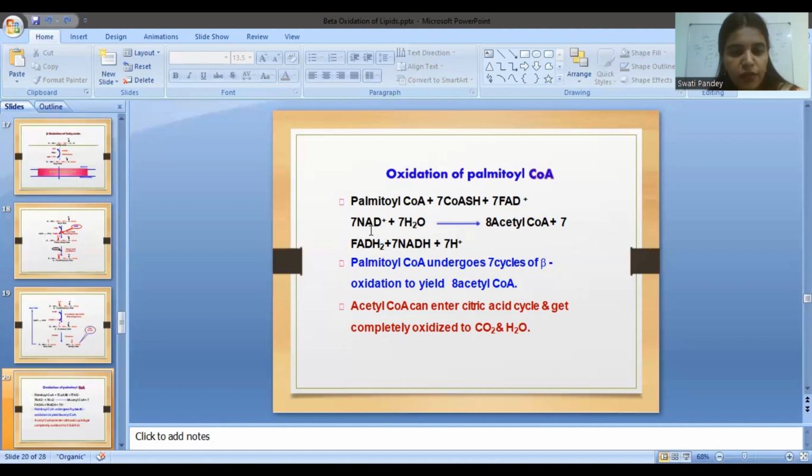So for that we will need 7 cycles to convert it into 8 molecules of acetyl coenzyme A. In the last step, when there will be only 4 carbon after the cleavage step, it will get converted into 2 acetyl coenzyme A. So we don't need to go for the 8th cycle. Hope it's clear to you. 8 acetyl coenzyme A and 7 FADH2 and 7 NADH.